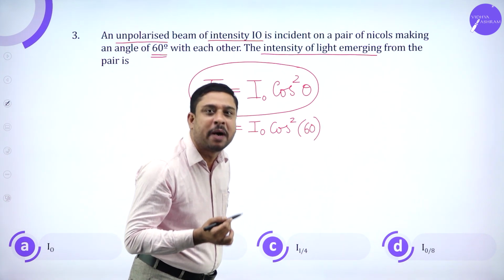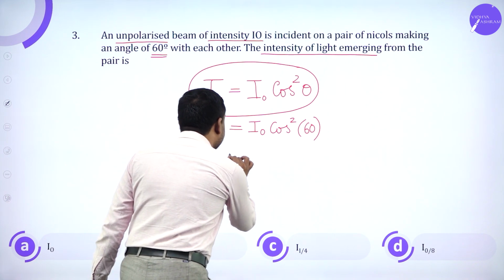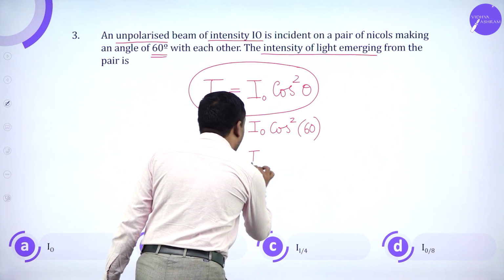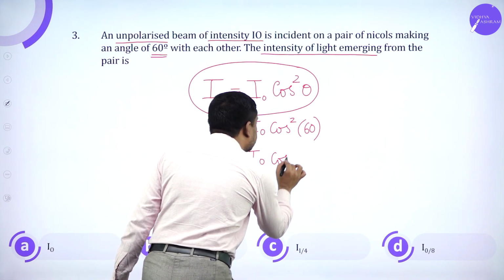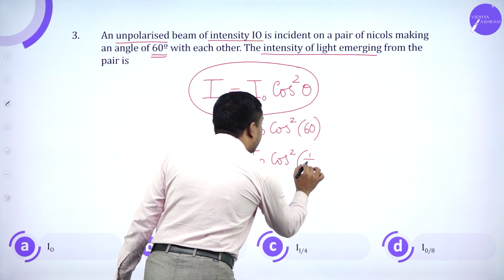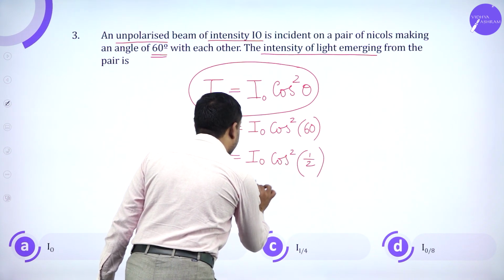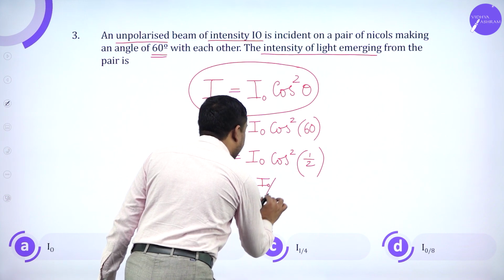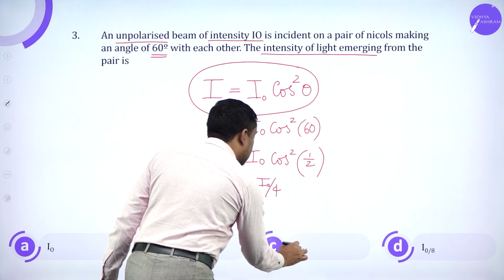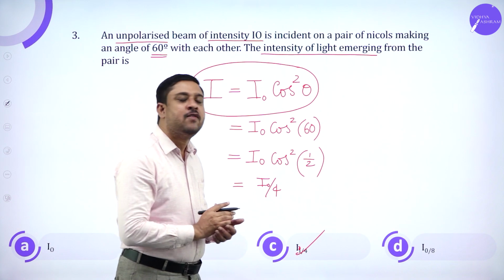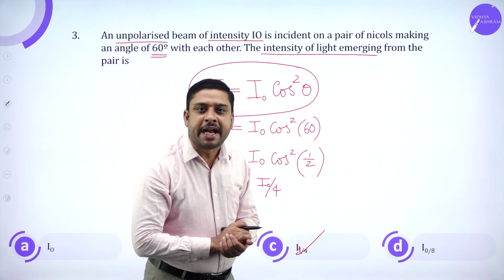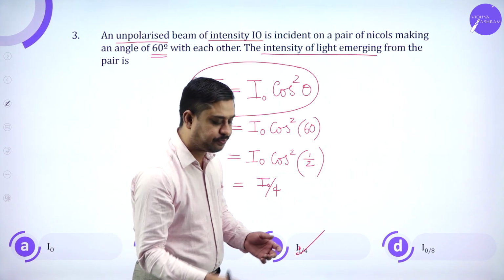Cos 60 is half. So this is I0 times half squared, which is nothing but I0 by 4. So this is the third option, which is I0 divided by 4.